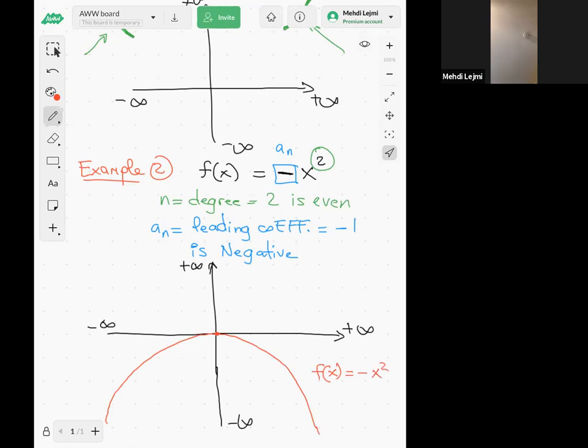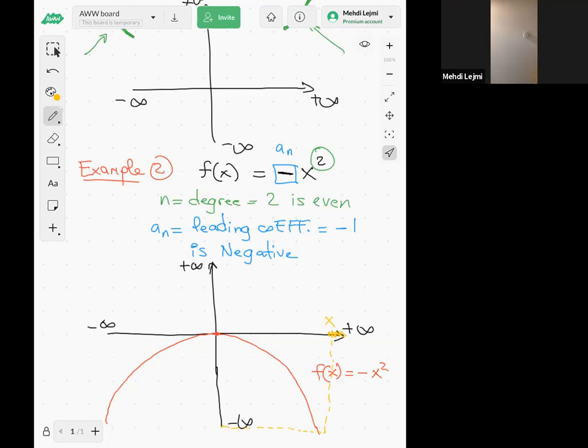All right, so now let's see what happens when x goes to positive infinity. So my x is approaching positive infinity. Then the output, the image y, is going to approach negative infinity.